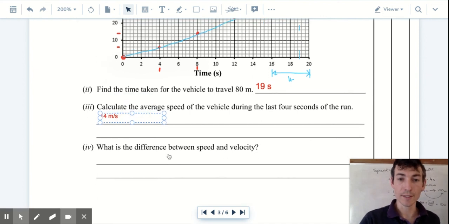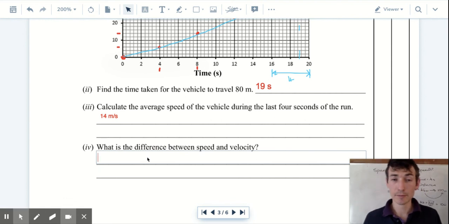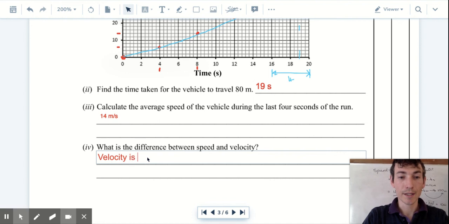Now, what is the difference between speed and velocity? Sometimes, and I'm a bit guilty of this, I use them almost interchangeably. Now velocity has one big difference compared to speed. Velocity has direction. So velocity is speed in a given direction.